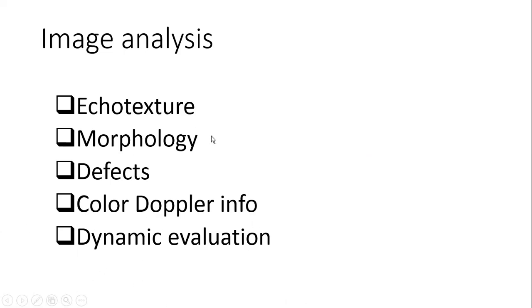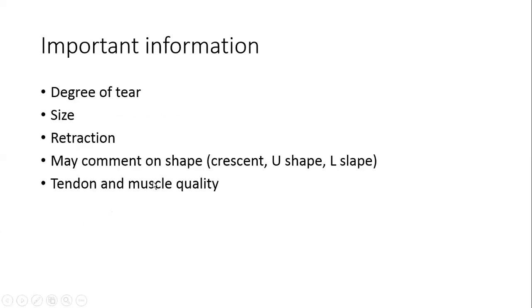And if there is any confusion, you can always do dynamic evaluation. You know, those thickened bursa that herniate into the space, you have to do a dynamic evaluation to tease out partial tear versus just tendinosis. And in rotator cuff tear, you can measure the degree of tear, you can measure the size.